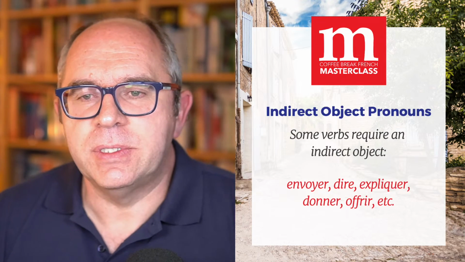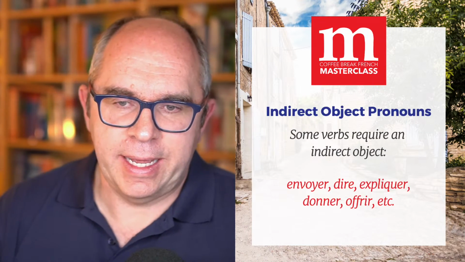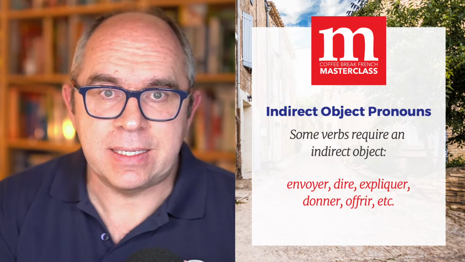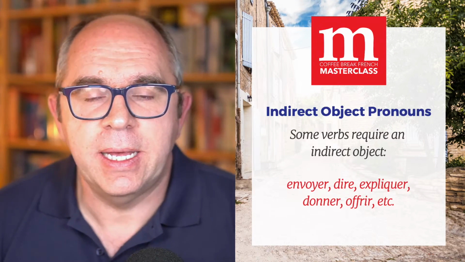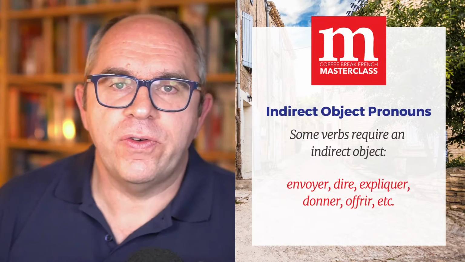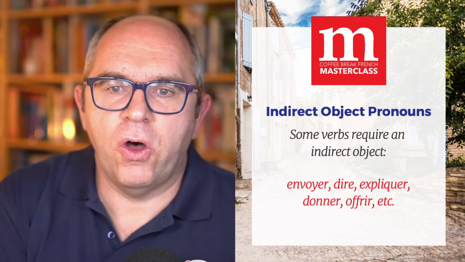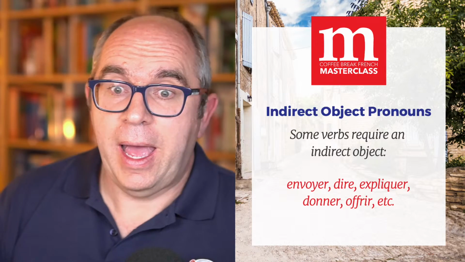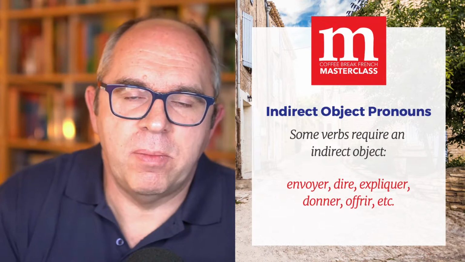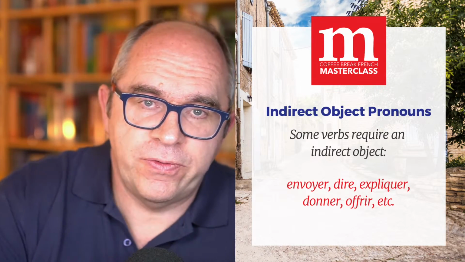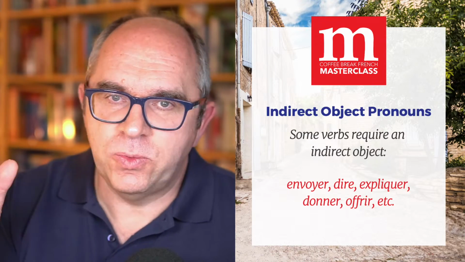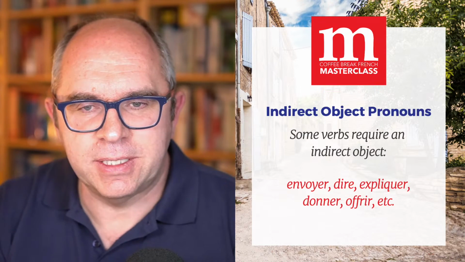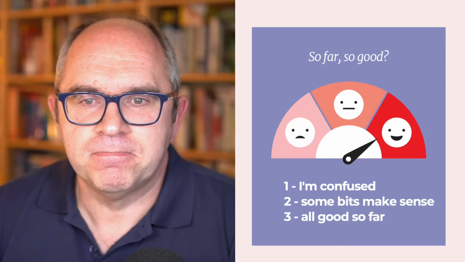And some verbs require an indirect object. So things like envoyer, to send, dire, to say, expliquer, to explain, donner, to give, offrir, to give as a present or to offer. All of these require an indirect object. So I offered him or I gave him a present. Je lui ai offert un cadeau. In English, we don't have the to him idea, but it's there in the concept. It's there, therefore, in French.